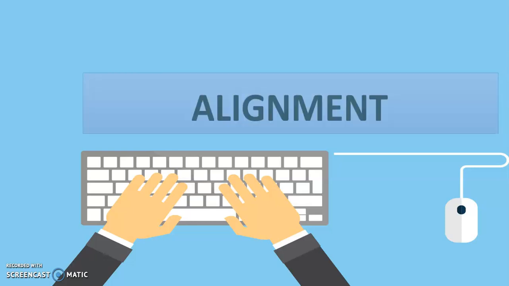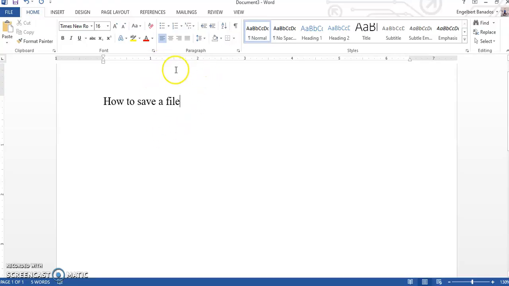Now, after that, we are going to have our alignment. In the alignment, this is how your words would appear in your paper. So this is called align left, since the letters are aligned on the left side.